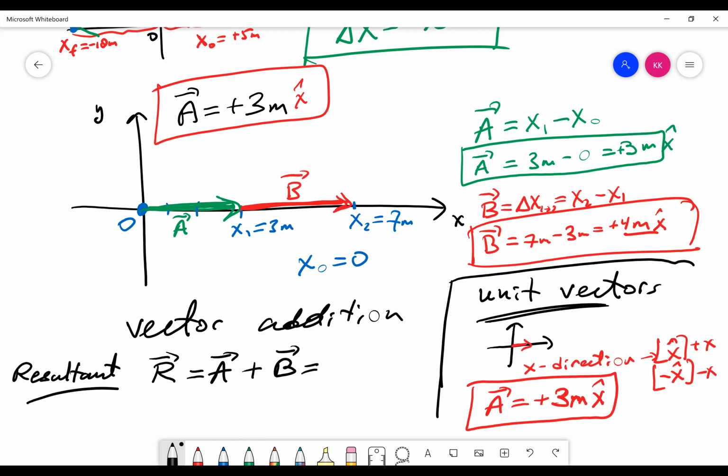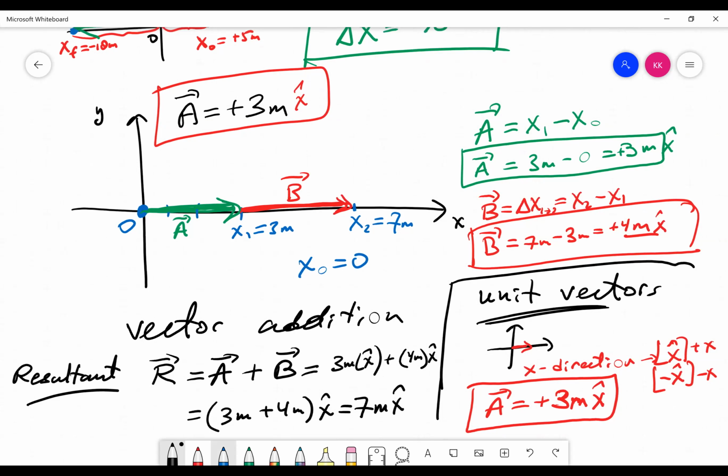So when I'm adding A plus B, I'm saying, okay, A has a magnitude of 3 meters and it's in the x hat direction, then plus the magnitude of vector B, which is 4 meters, also in the x hat direction. So x hat means that it's in the positive x direction, right? That means what I get here is 3 meters plus 4 meters, and I just factor out x hat. I add them together, I get 7 meters x hat.